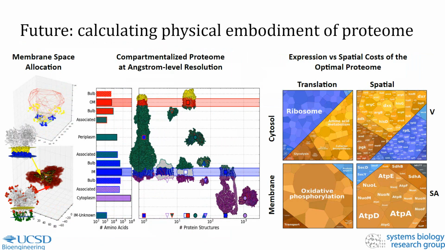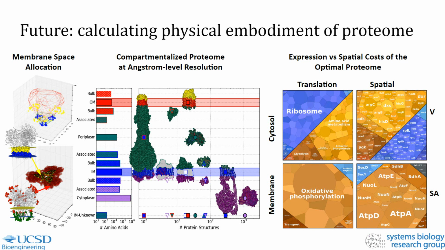Since the database described on the previous slide studies protein structures at their quaternary level, the transmembrane residues can be mapped onto the structures and used to calculate the surface area required for each protein in the membrane. Additionally, the volume of each protein can be calculated. This allows for the compartmentalization of the cell proteome of E. coli at the angstrom level.